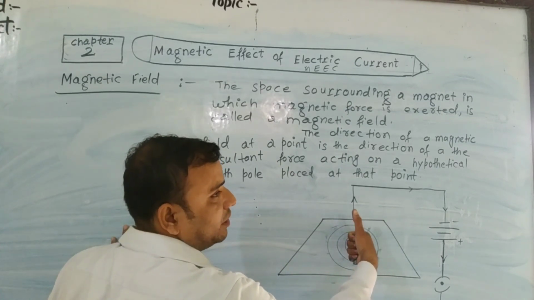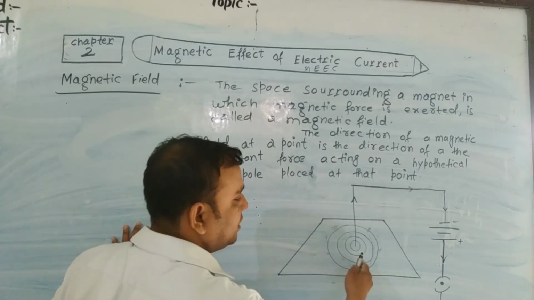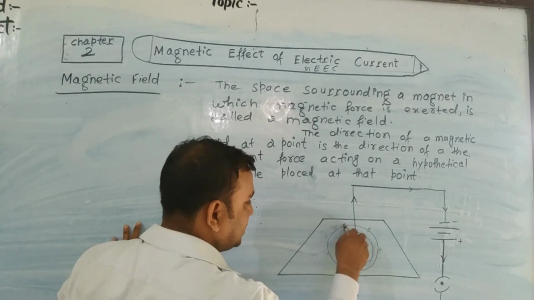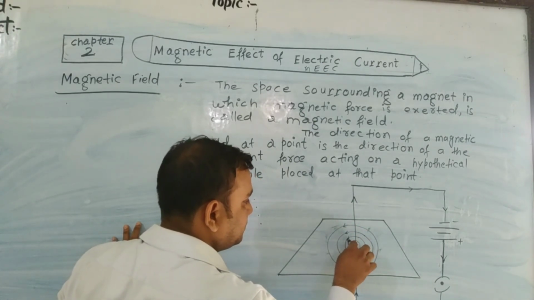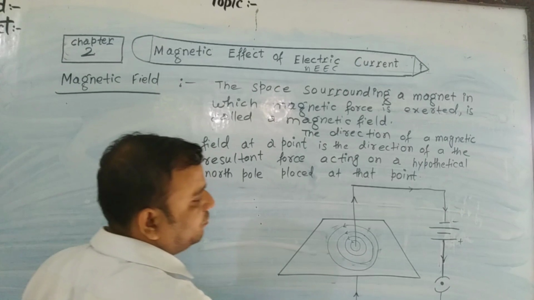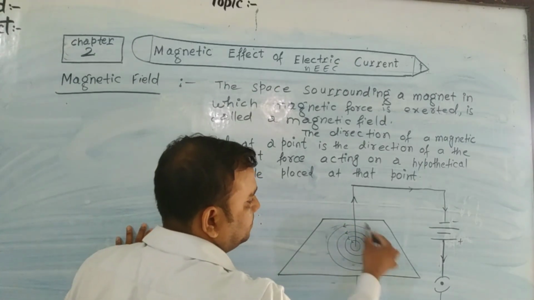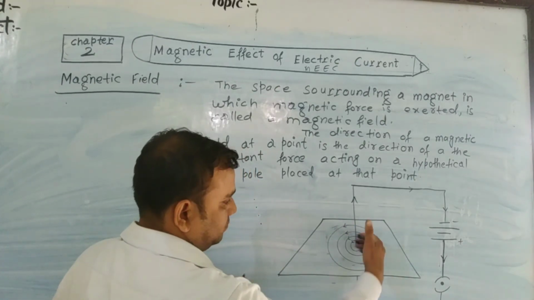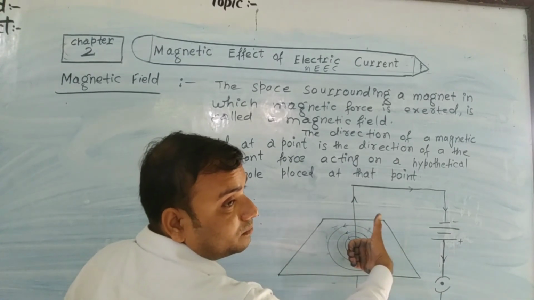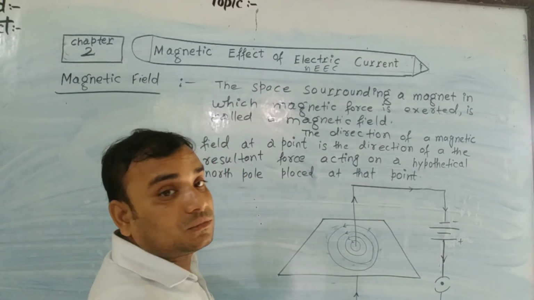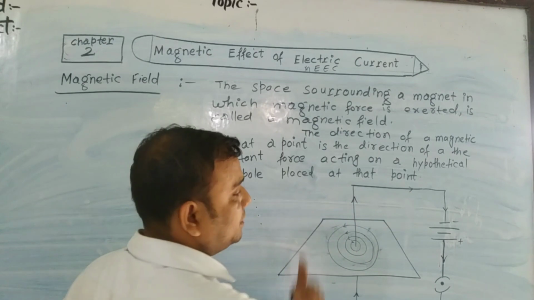The direction of magnetic field lines is curved this way, and the thumb shows the direction of current.